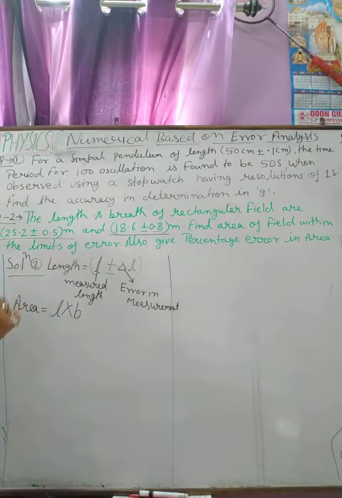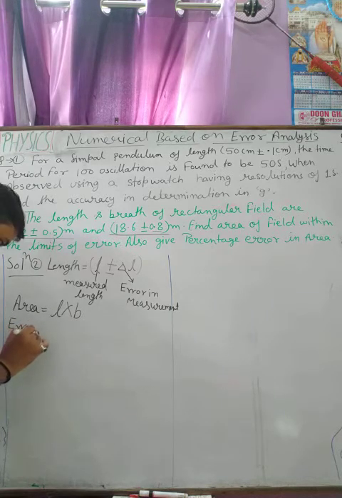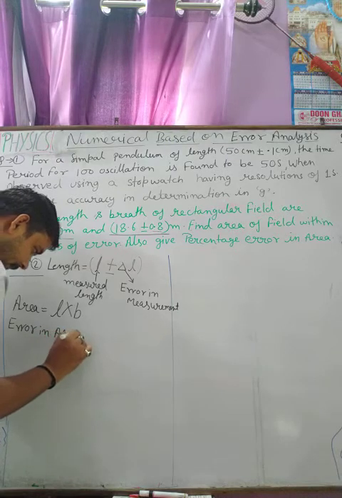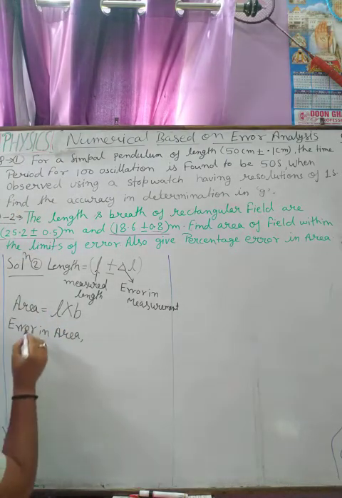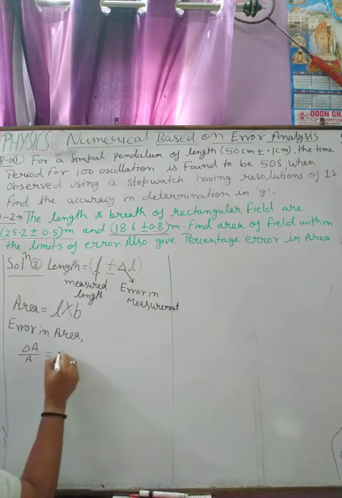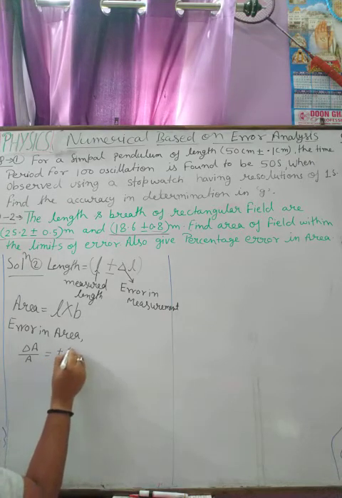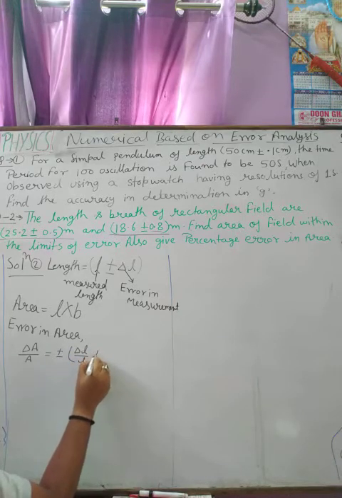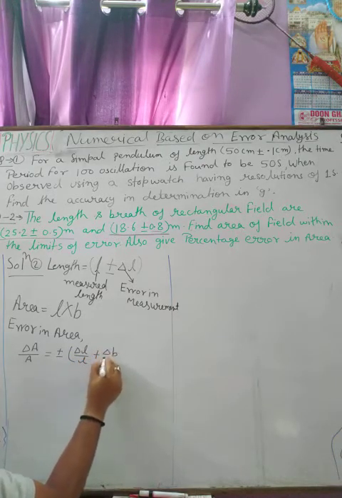For the error in area we have the result that ΔA upon A equals ± (ΔL upon L plus ΔB upon B).